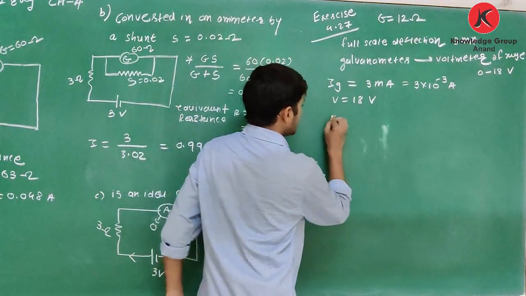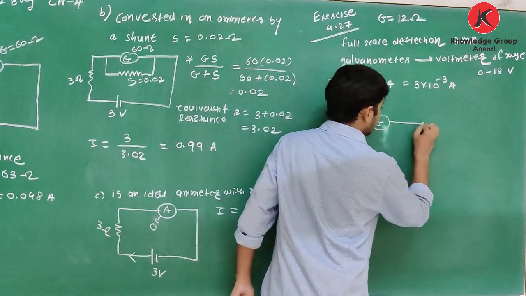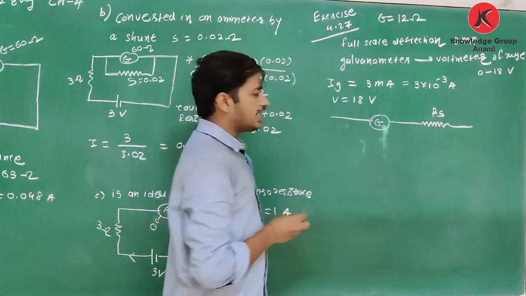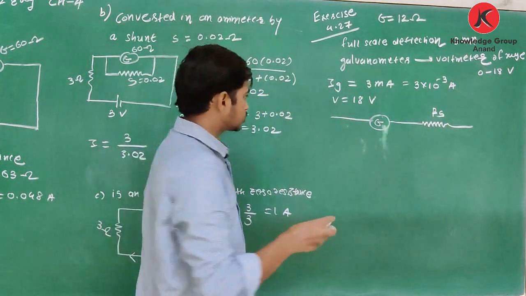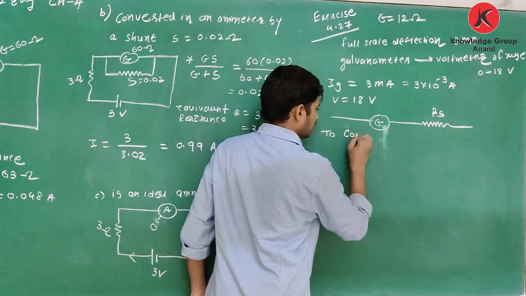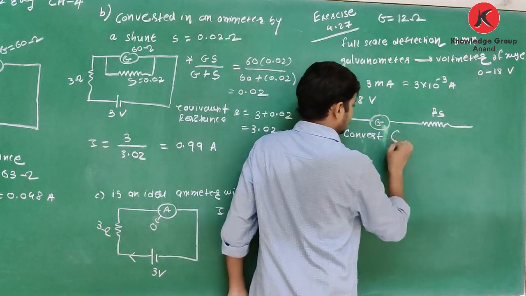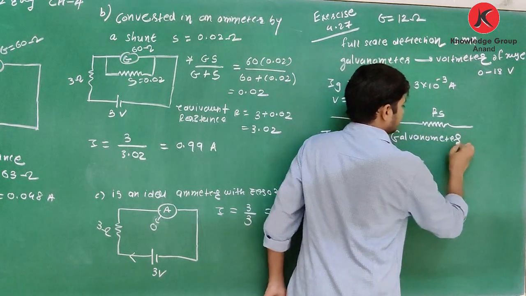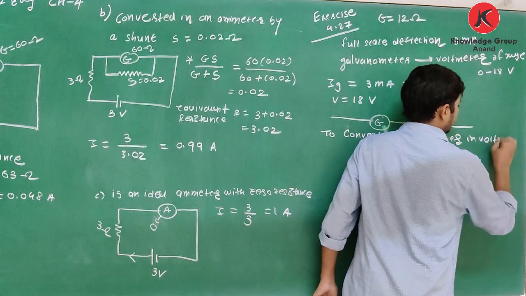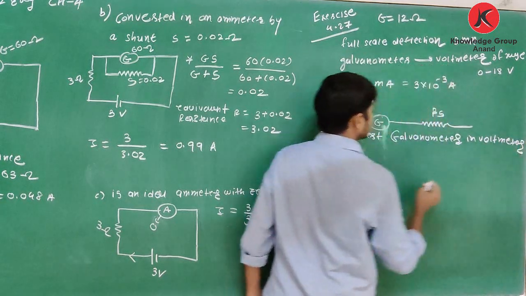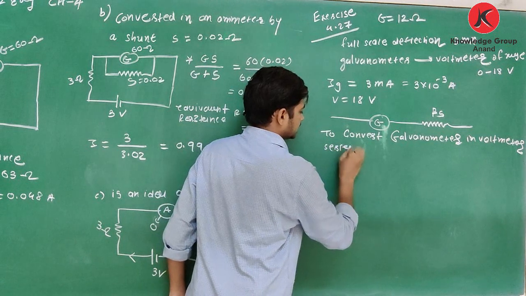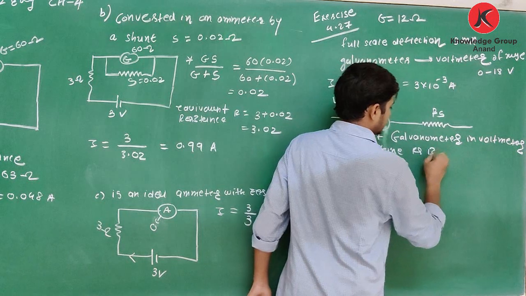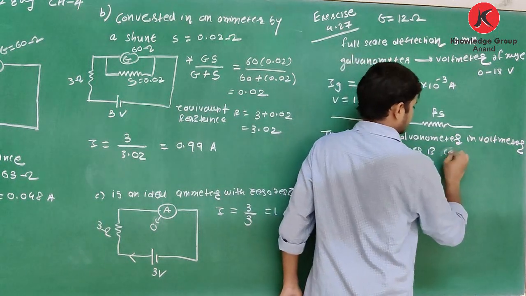Now how to convert galvanometer into voltmeter? Yes, you know, to convert galvanometer into voltmeter, I have to connect one series resistance. So to convert galvanometer into voltmeter, series resistance RS is connected.